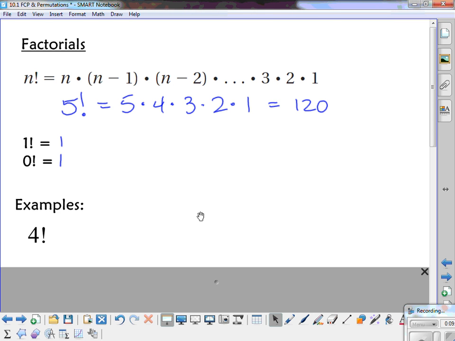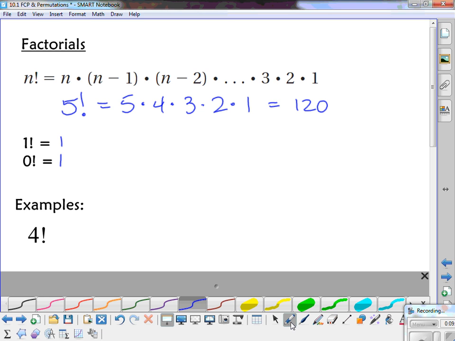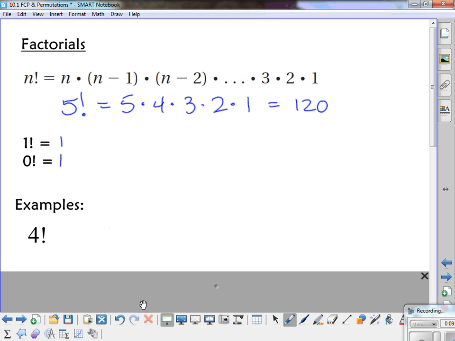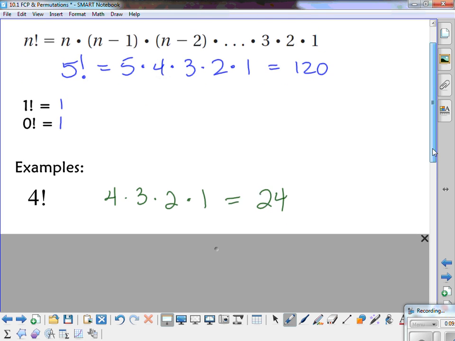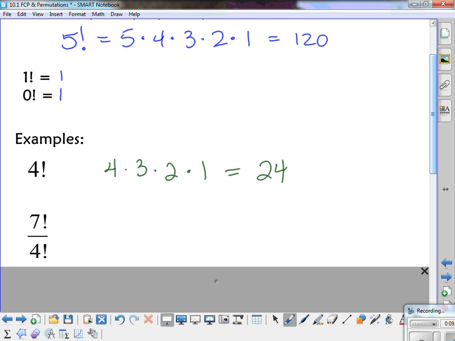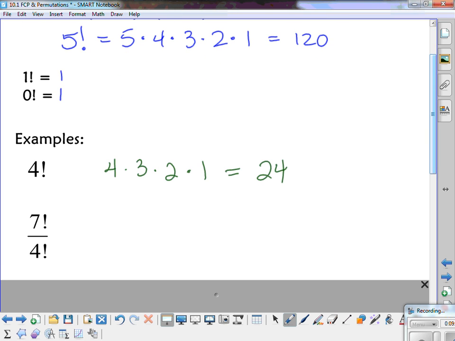All right, so just some real quick examples. 4 factorial, that means I'm just taking 4 times 3 times 2 times 1, and that equals 24. Sometimes you might see them written as an expression. So if I've got 7 factorial over 4 factorial, that means on top I've got 7, 6, 5, 4, 3, 2, 1.